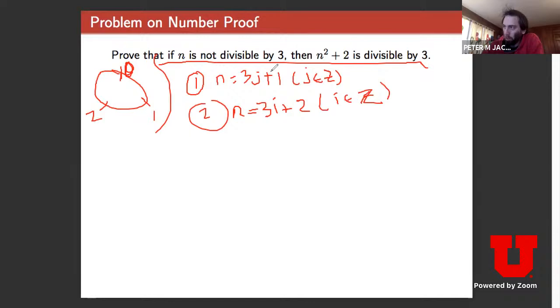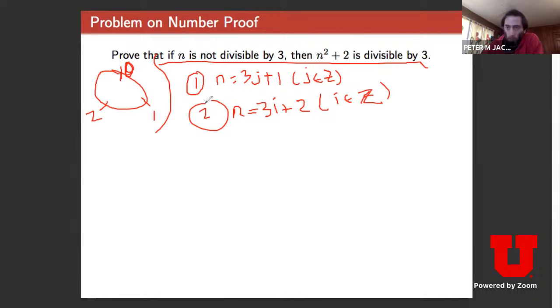Either the remainder is 1 or the remainder is 2. In particular, we can either express n as 3j plus 1, where j is an integer, or we can express n as 3i plus 2, where i is an integer. So that's what the division theorem says, if a number is not divisible by 3.